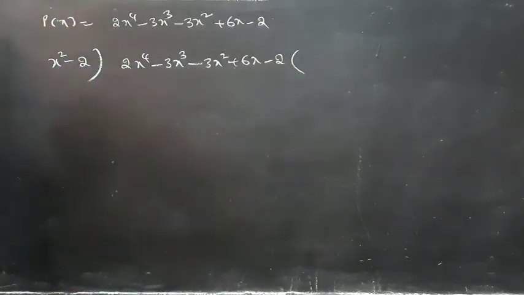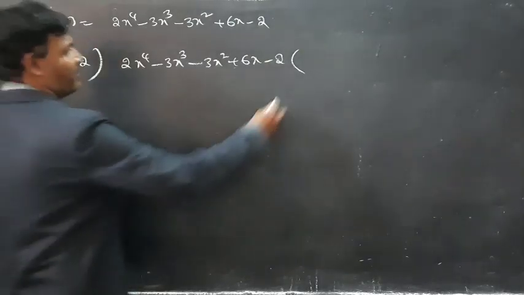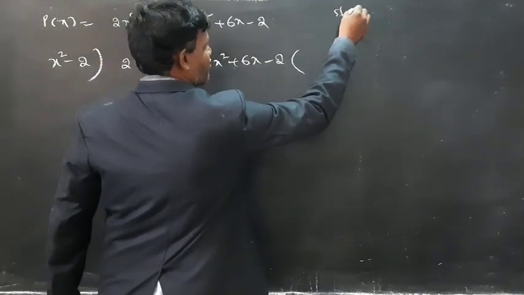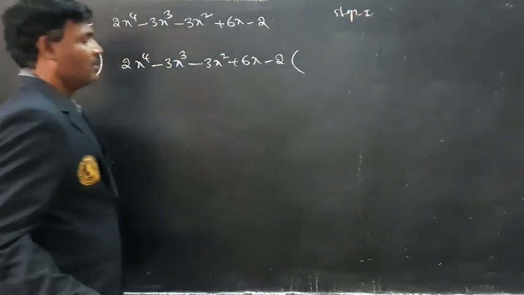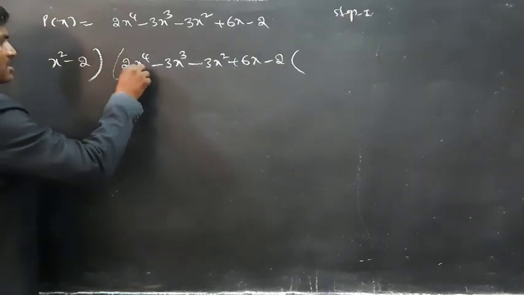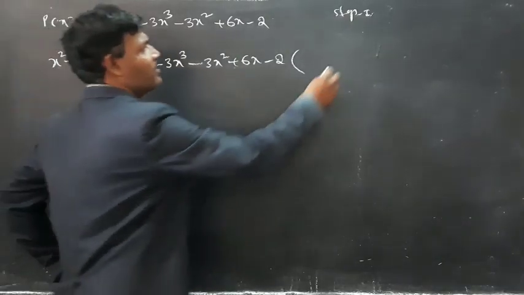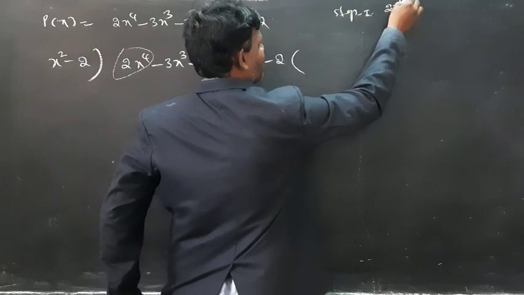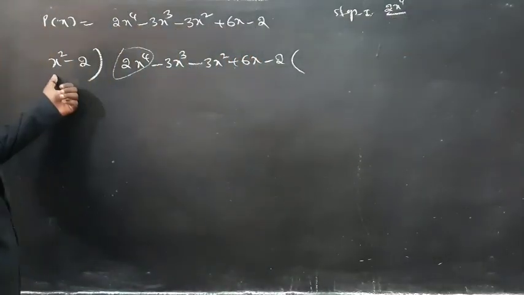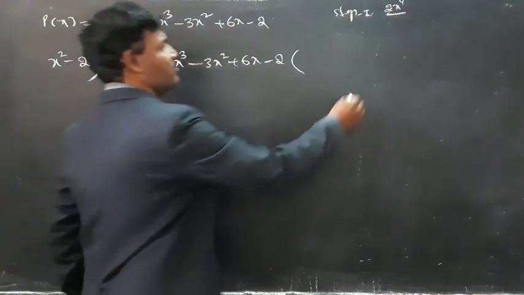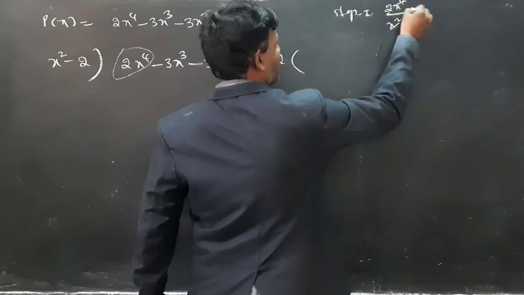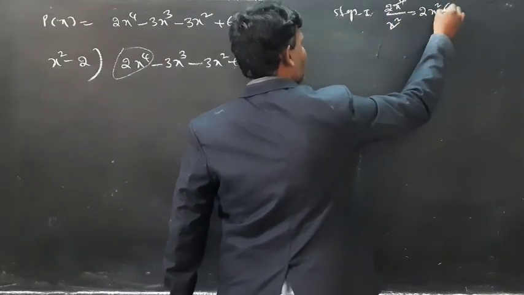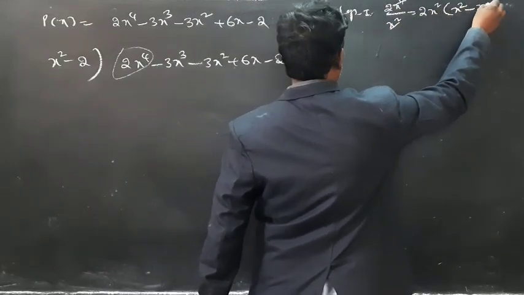Already we discussed the process to divide a polynomial. So according to that, step 1. What is the quotient of the first term? The first term is 2x power 4, and the first term of the divisor is x power 2. So the result is 2x square. Beside that you write the divisor.